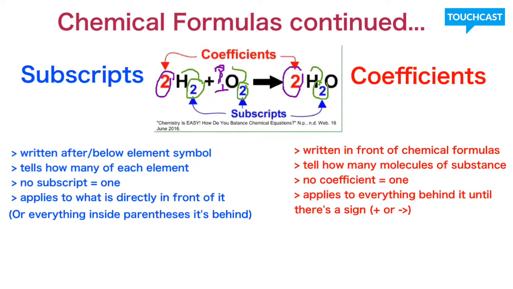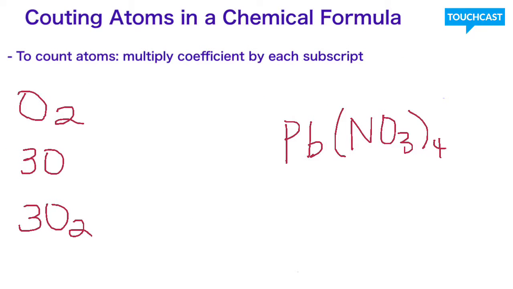And these apply to everything behind them until you get to a sign like a plus sign or a yield sign. Okay, so when we're counting atoms in a chemical formula, we're going to end up multiplying the coefficient by the subscript to get the total number of each atom, and then you're going to add up those to get the total number of atoms.